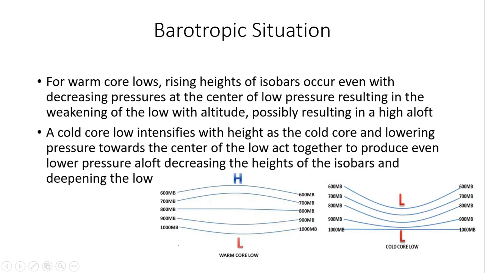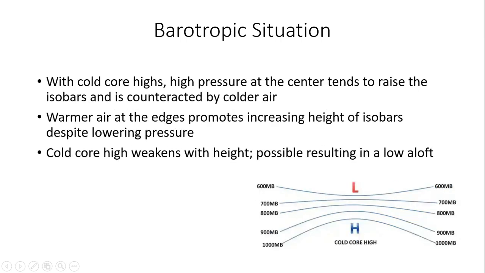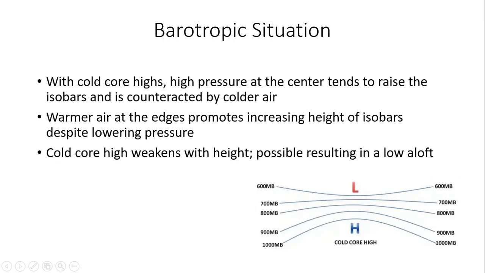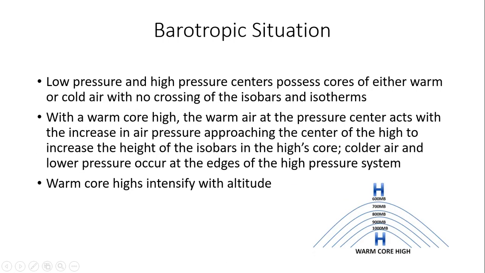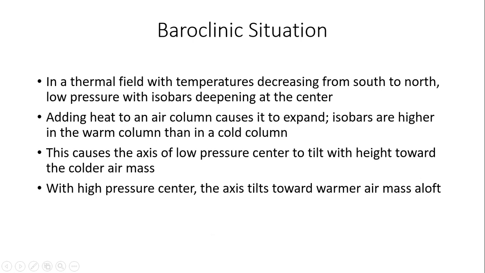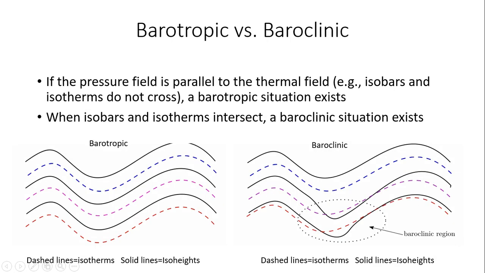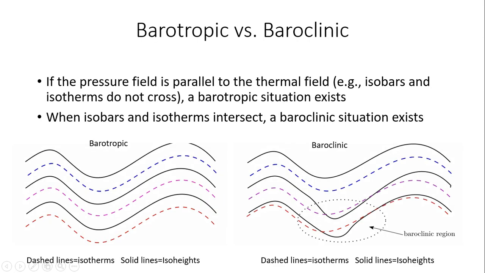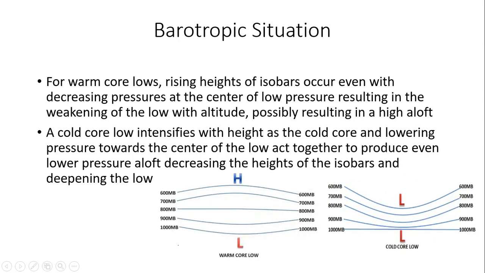Additionally, we talked about four types of barotropic systems: cold core low, warm core low, cold core high, and the warm core high. And then we talked about the term baroclinic, what it means, what we're looking for if we're analyzing two specific meteorological parameters in the atmosphere, and then a quick introduction on upper level winds, what goes on, isoheights, what that means, and so on.